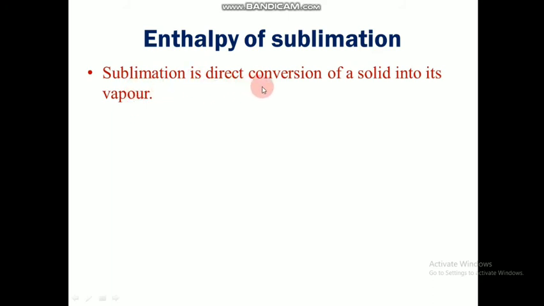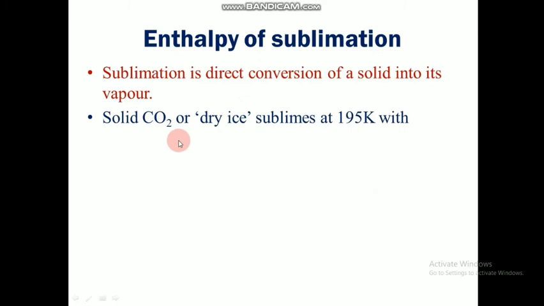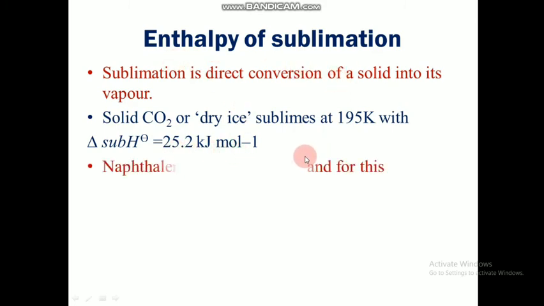Solid CO2 or dry ice sublimes at 195 Kelvin with a sublimation enthalpy of 25.2 kilojoules per mole. So 1 mole of CO2 solid is converted to CO2 gas by absorbing 25.2 kilojoules. That's the concept of enthalpy of sublimation.